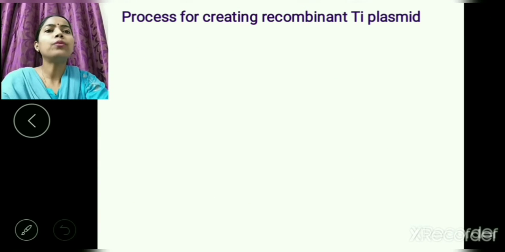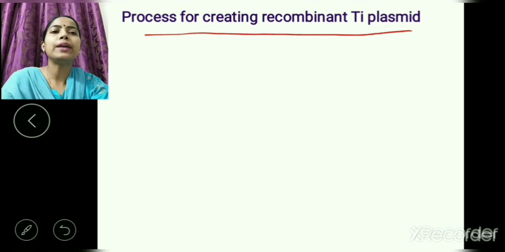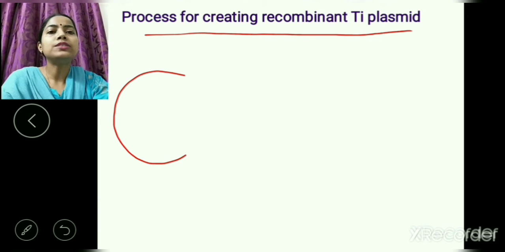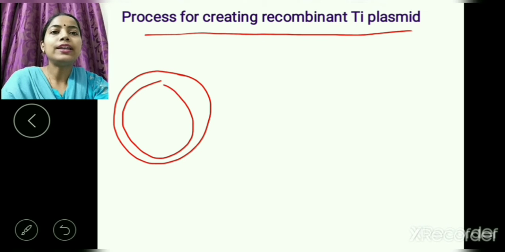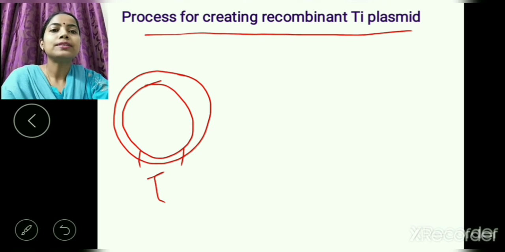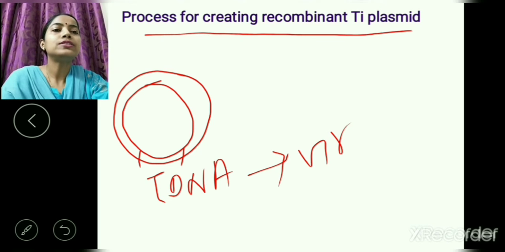So how are we going to create this recombinant Ti plasmid? In order to transfer our foreign gene with the help of this bacteria through its Ti plasmid, the tDNA region carrying the virulent gene or Vir gene is replaced.